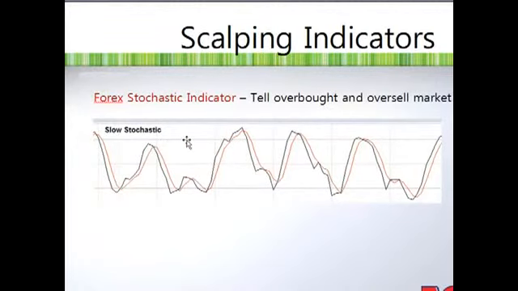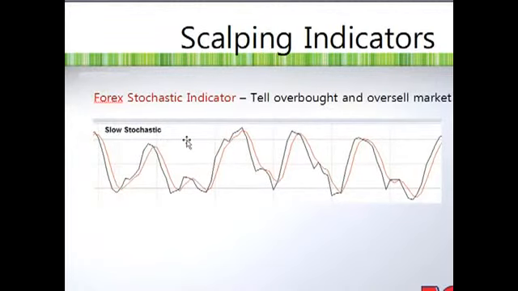When the stochastic indicator hits the line at the bottom, it tells us the market is in an oversold condition, and this gives us a very good condition to enter a long trade. When the indicator hits the top line, it tells us it's currently overbought, and it gives us a very good condition to enter a short trade.